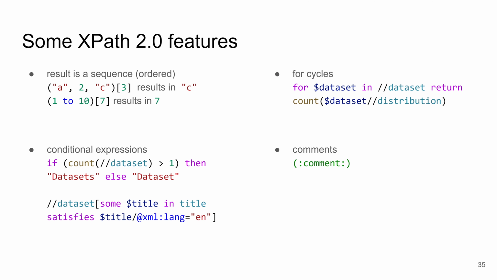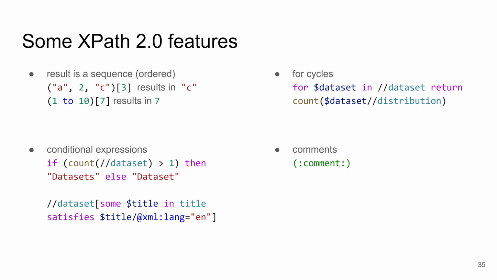Here is an overview of features present in the next XPath versions, which we didn't talk about properly, but you may come across them and use them if you wish. From XPath 2, one of the features that I actually mentioned is that the result of an XPath 2.0 query is a sequence. So there is an ordering in that sequence.